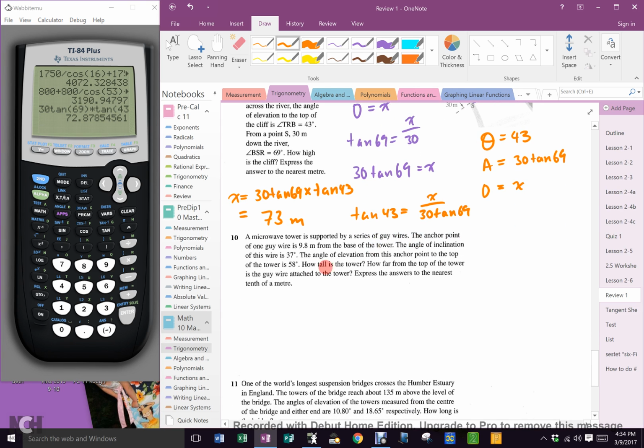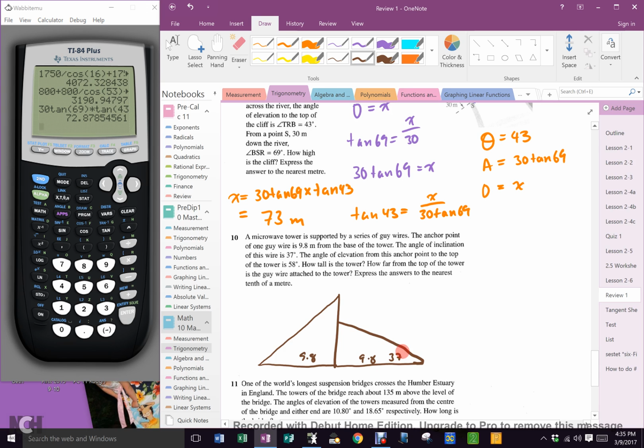A microwave tower is supported by wires. The anchor point of one wire is 9.8 meters from the base of the tower, and it's 37. The other one goes to the top, and it's 58. So there's my tower. One of them goes to the top, and the other one is also 9.8 away, and it doesn't go all the way to the top.